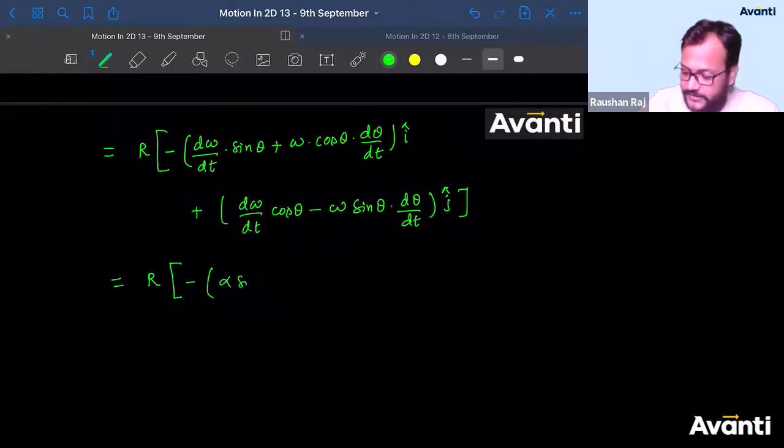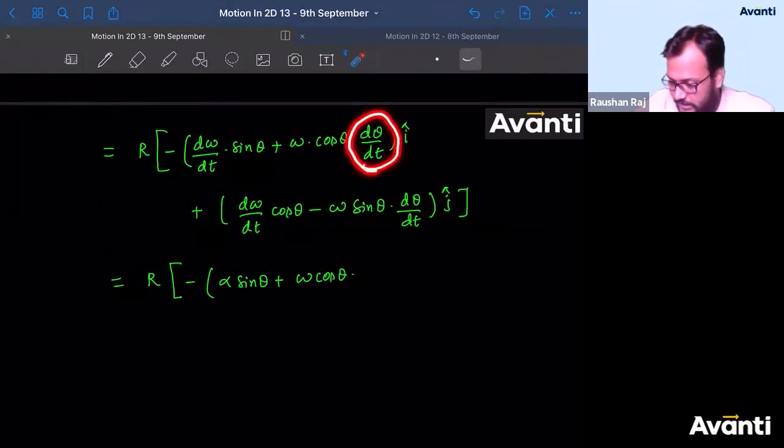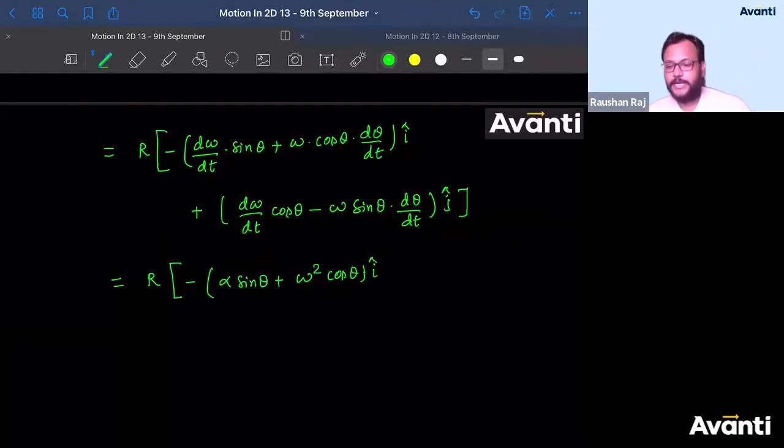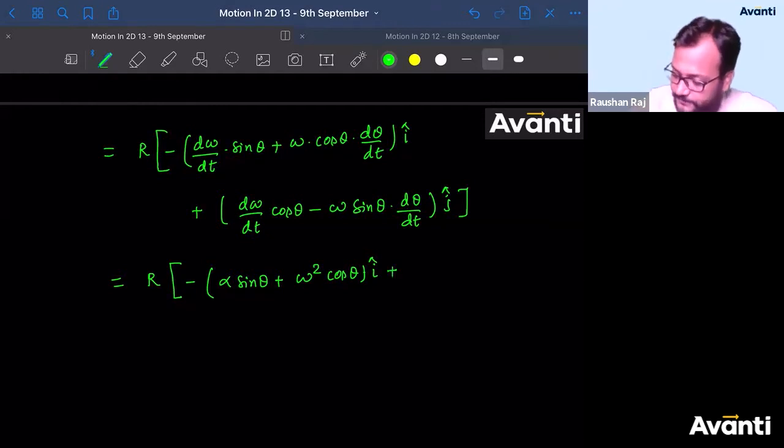So alpha sine theta plus omega cos theta into, tell me what is d theta by dt? Omega. So I'll get omega square I cap. Now let us move to the second term.